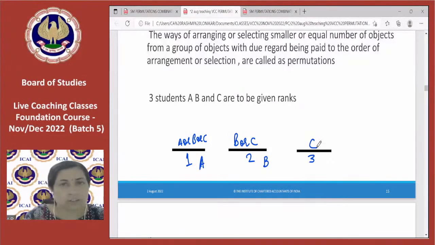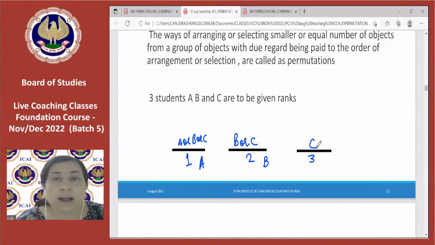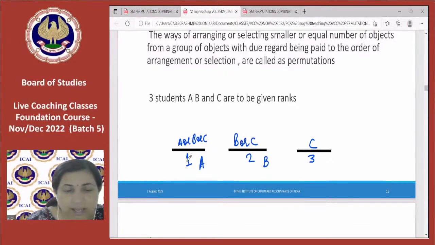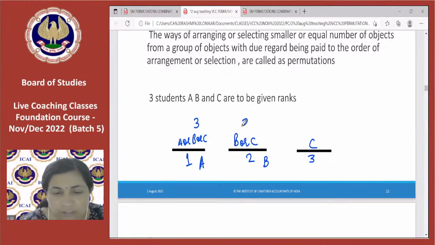There are 3 students, 3 prizes or 3 ranks, 1, 2, 3, and students are A, B, C. So I have the option 3 here, here it is 2, B or C, and here it is 1.